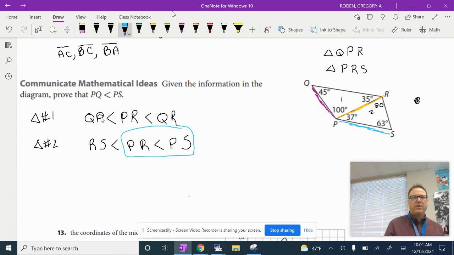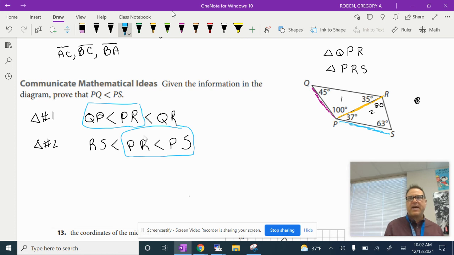Here, PQ is less than PR, right? You guys understand that? So you can see if PR is less than PS but greater than QP, what do you know about QP and PS, class? What do we know? PS has to be greater.